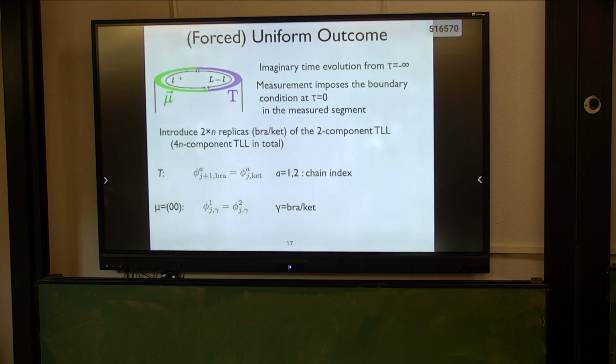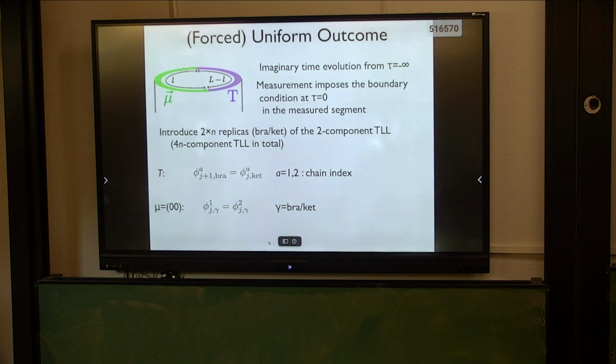But in this measured region, if all the outcomes are 0, 0, then we can impose this boundary condition: phi of first chain is equal to phi of second chain. And this happens for each replica and each of Bra and Ket.